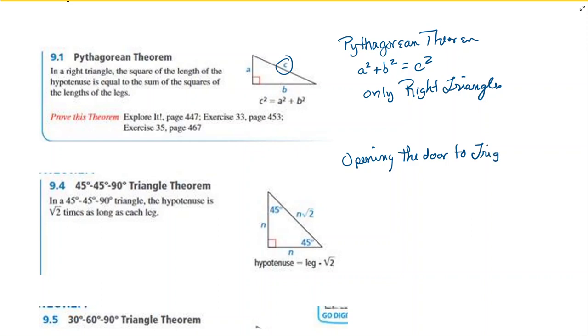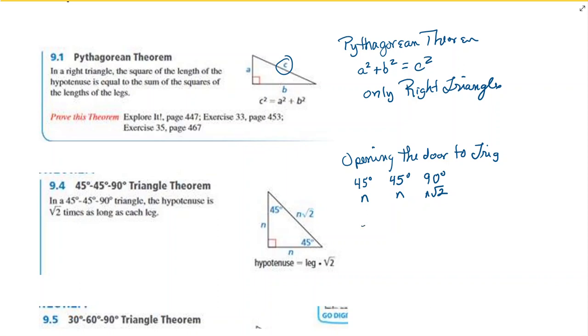Trig, we understand ratios are constructed. But right here, we're first learning about a 45, 45, 90-degree triangle. In a 45, 45, 90-degree triangle, the hypotenuse is n square roots of 2, whereas the legs are all the same number.